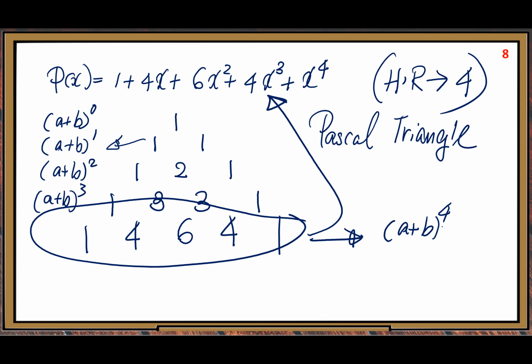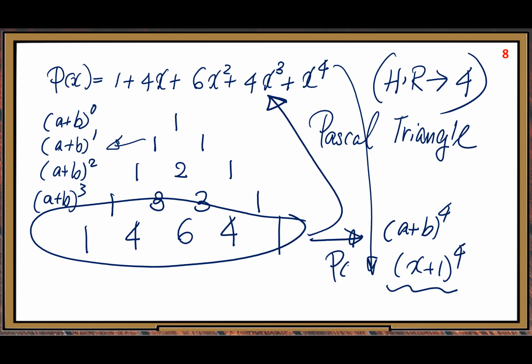So from there, does it help? With a plus b being x plus 1, our p of x equals (x plus 1) to the fourth.